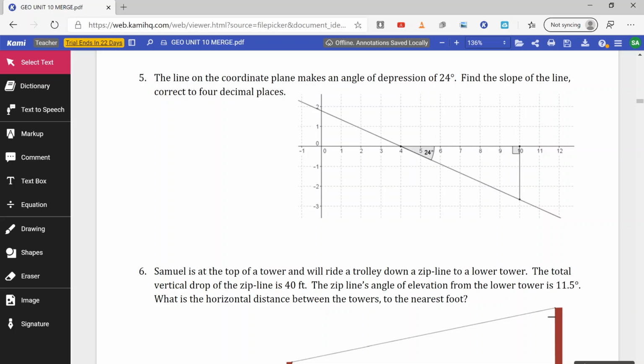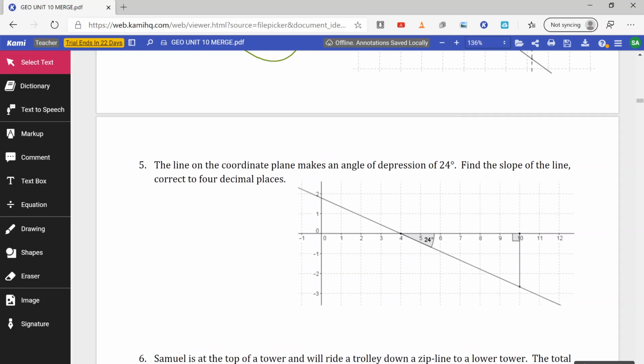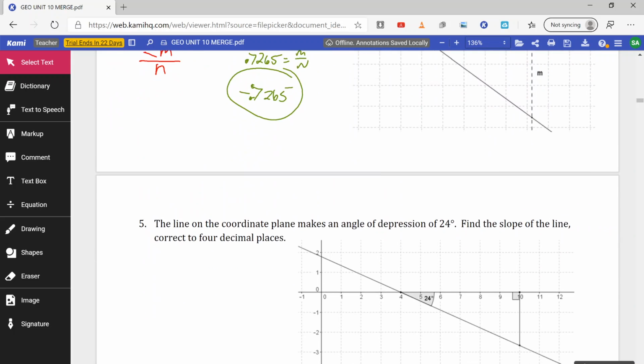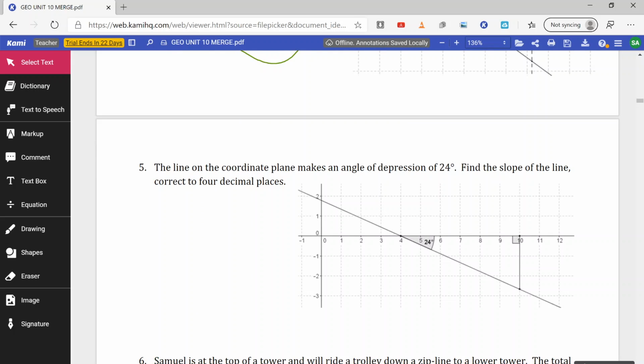We have to find the slope of the line to 4 decimal places. So, just like before, all we really have to do is take the tangent of what we have.